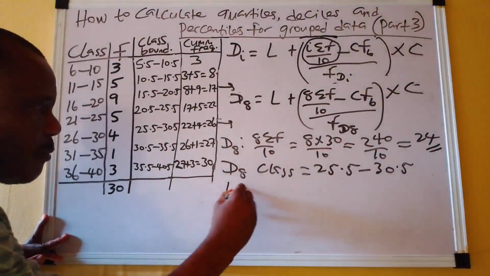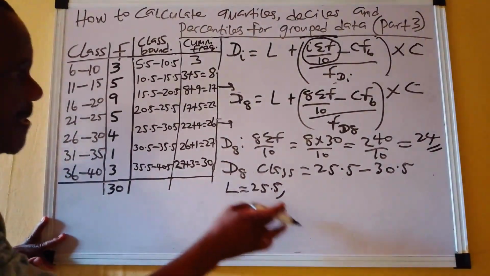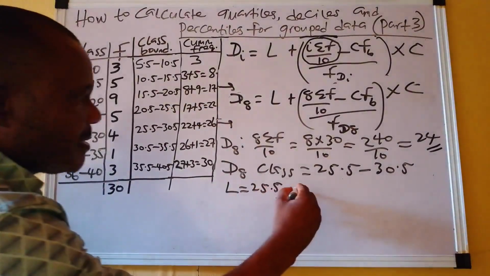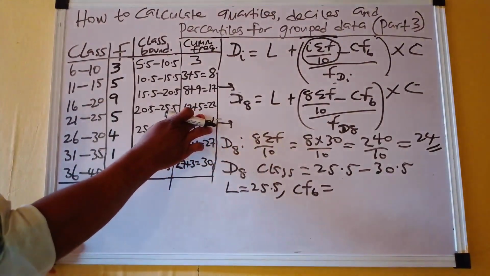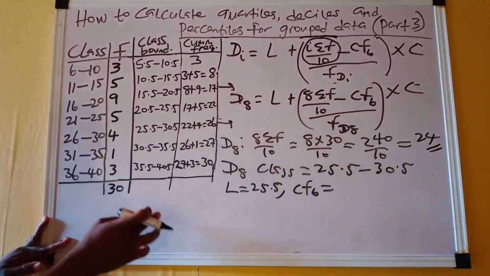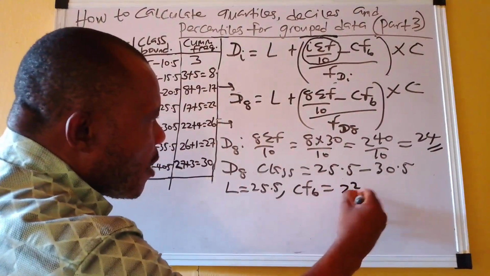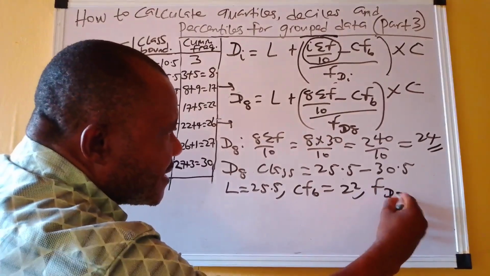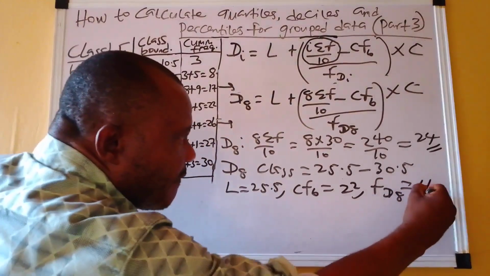Here our L will be equal to 25.5. The cumulative frequency before that class is 22, and the frequency of that D8 class is 4.